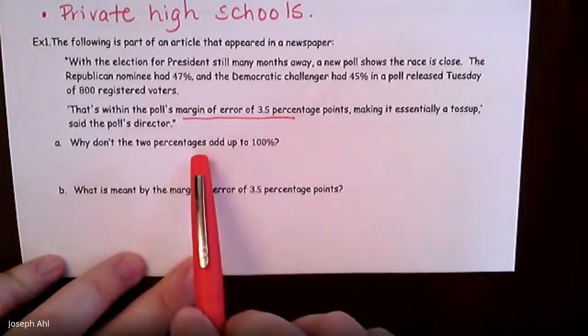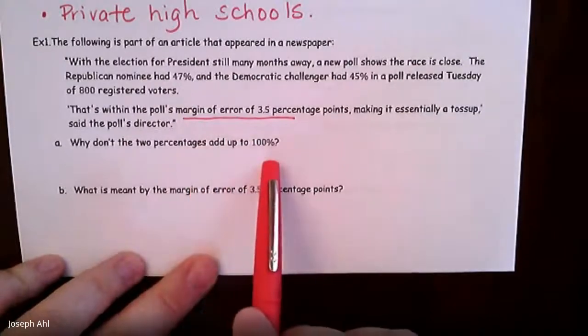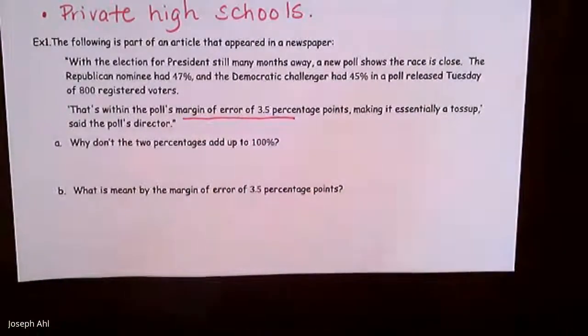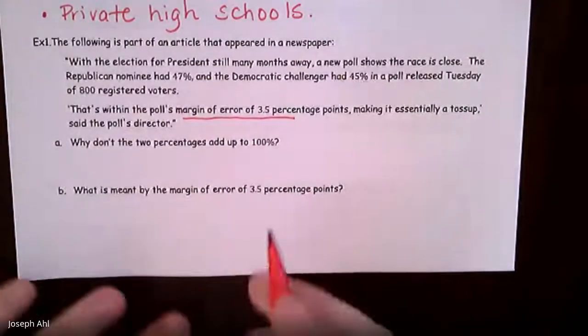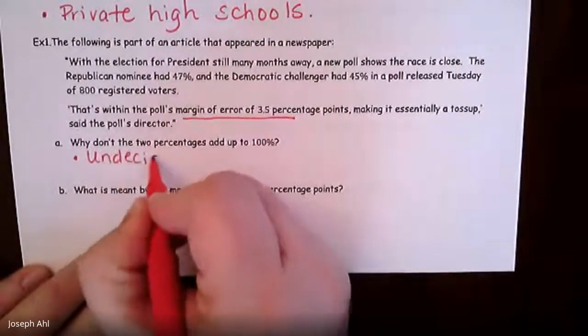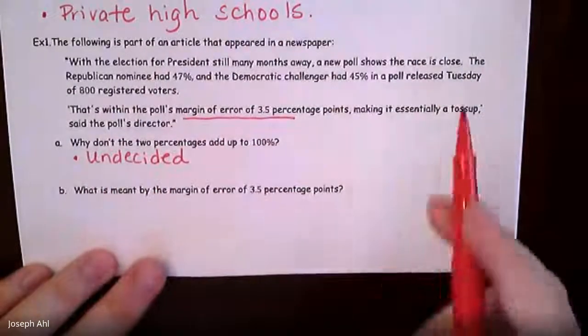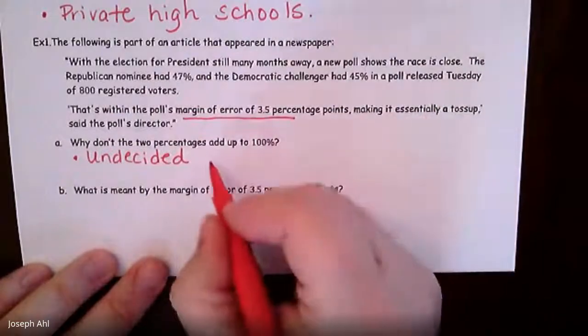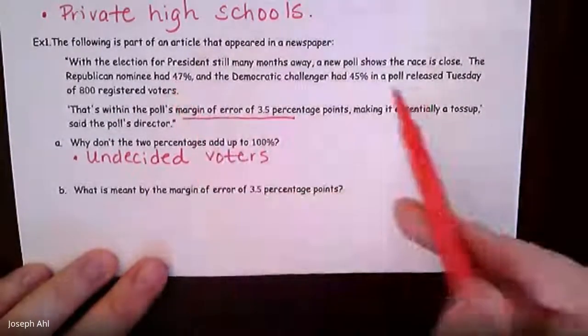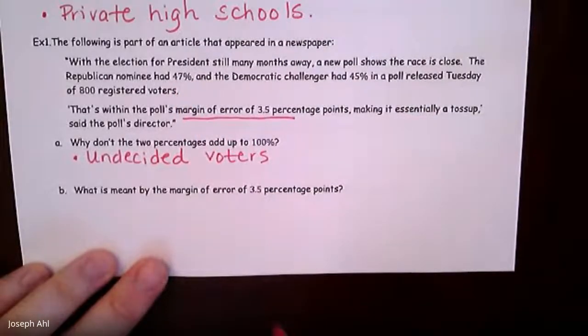Well, first of all, why do those percentages not necessarily add up to 100%? I guess it depends on how well versed you are with politics as to how you might want to answer this question. There are two things that I came up with. When this poll came out, there might have been some undecided voters, so they would not be included in the Republican percentage or the Democratic percentage.